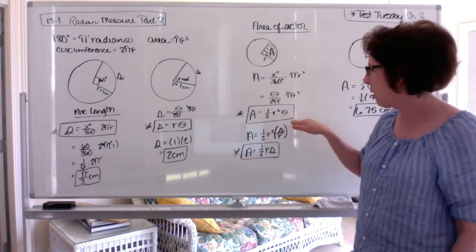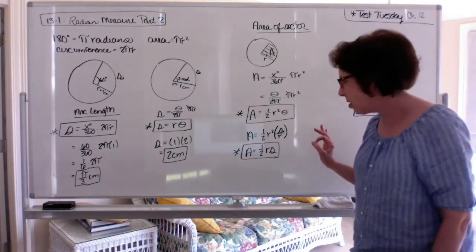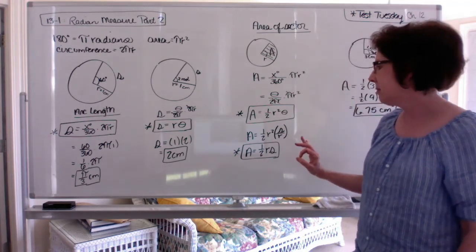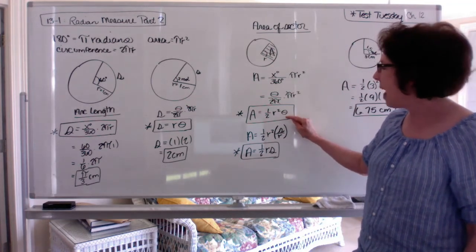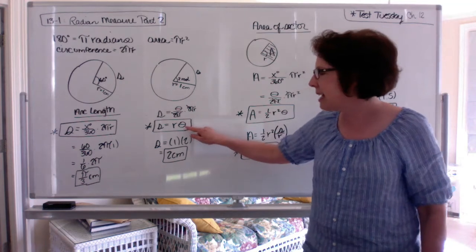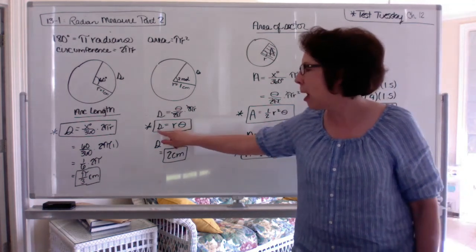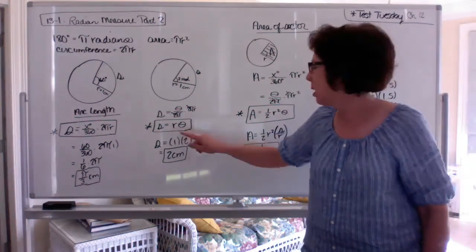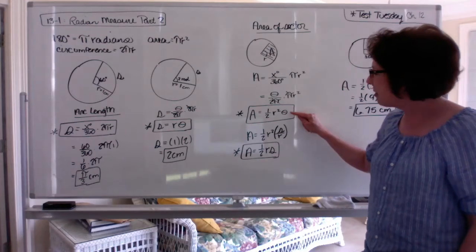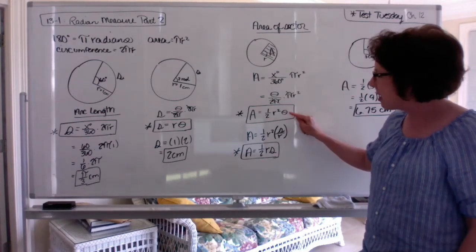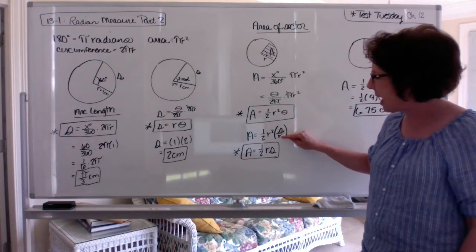It will use that in that order. Okay, now what I can also do is this. I know that theta, if I isolate theta, is my arc length divided by my radius. Well, if theta is my arc length divided by my radius, I can just, for theta, plug in arc length divided by radius.